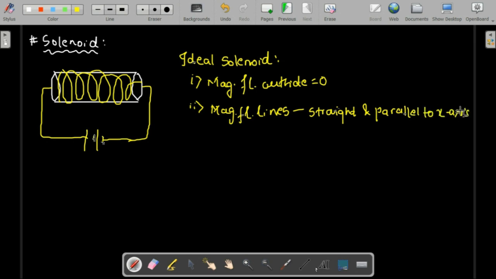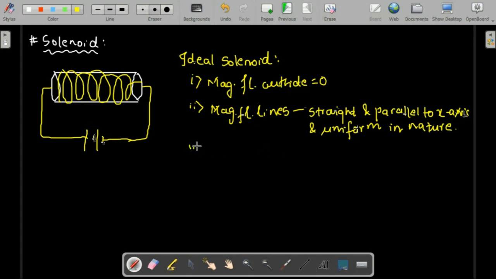You can have objective questions based on this, right? And uniform in nature, so that means we don't have field lines which will be too much separated or too much close. They're uniformly distributed in nature.